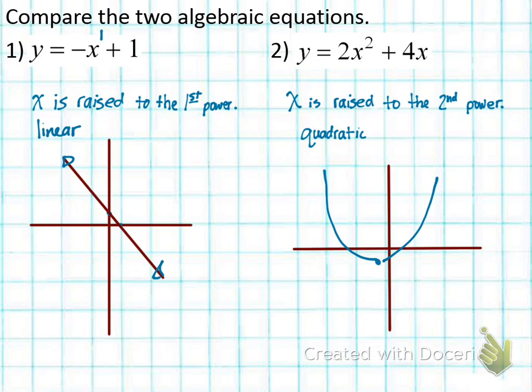So looking at this, what's the domain of my first equation? How far to the left and right does this linear graph go? What's my domain here? It goes from negative infinity to positive infinity, right? Does it ever stop at any point? No, okay. How about intervals that increase or decrease on this first graph?